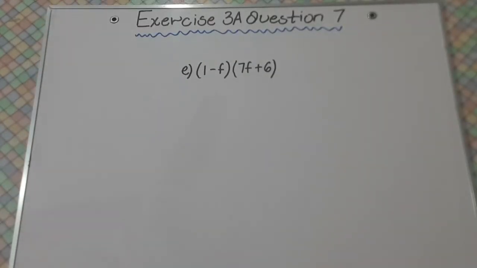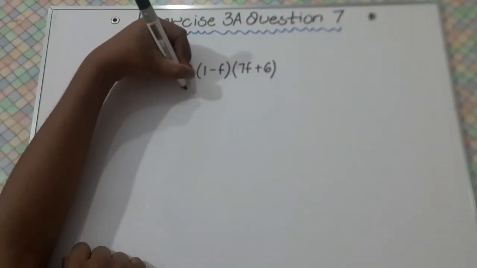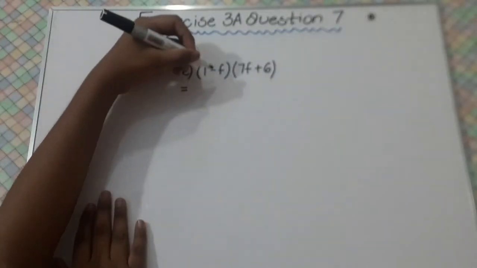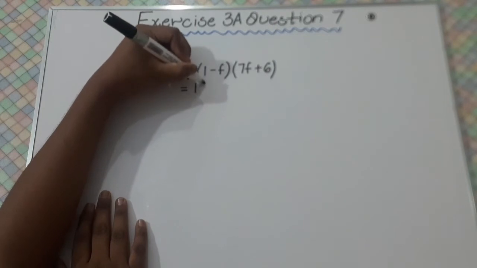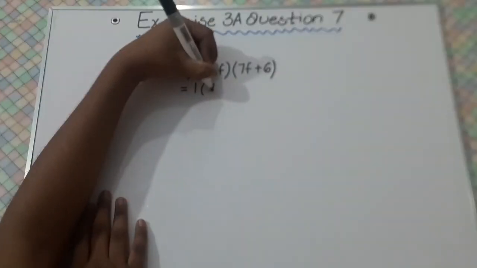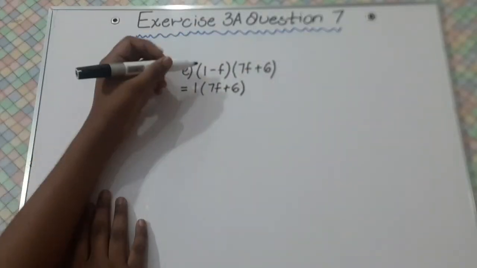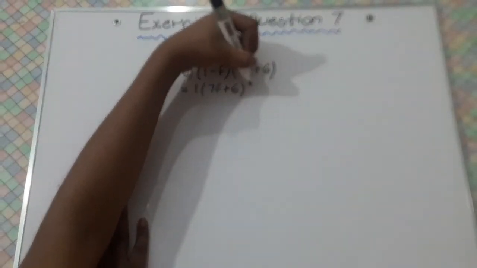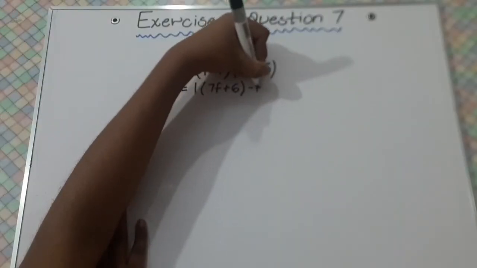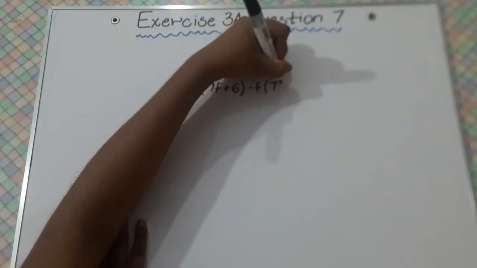So this is part E of this question. We are going to do the same as we have done in the previous parts. 1 and 7F plus 6. Now F minus F, 7F plus 6.